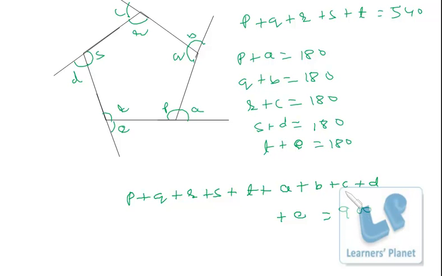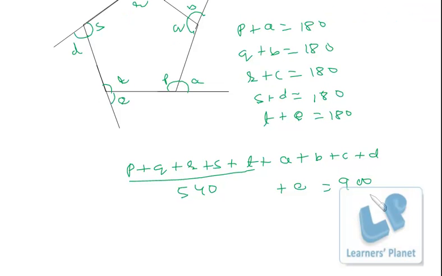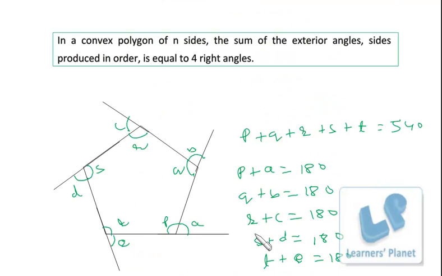Now P plus Q plus R plus S plus T is 540. That means A plus B plus C plus D plus E is equal to 900 minus 540, so that is 360. That's a very important concept, or you can say important theorem.